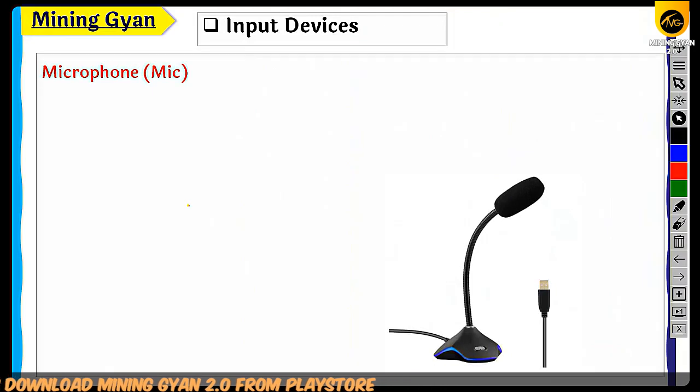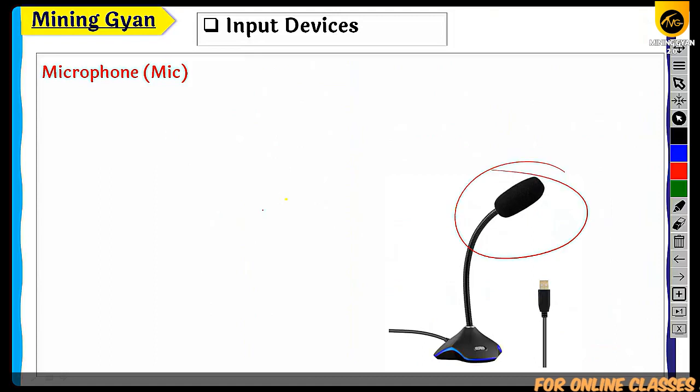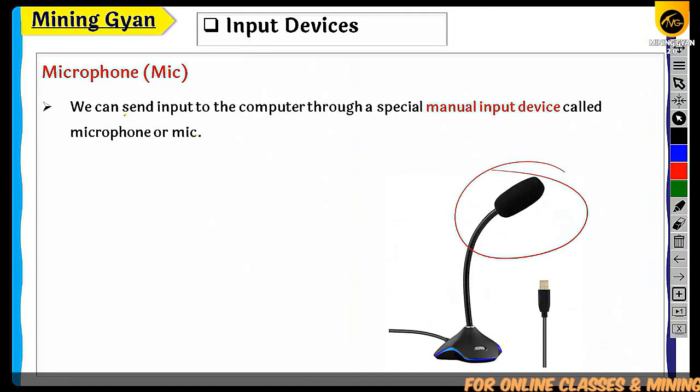Now the next one is the microphone. Basically, a microphone is used to convert sound into digital audio. We can send input to the computer through a special manual input device called a microphone or mic.